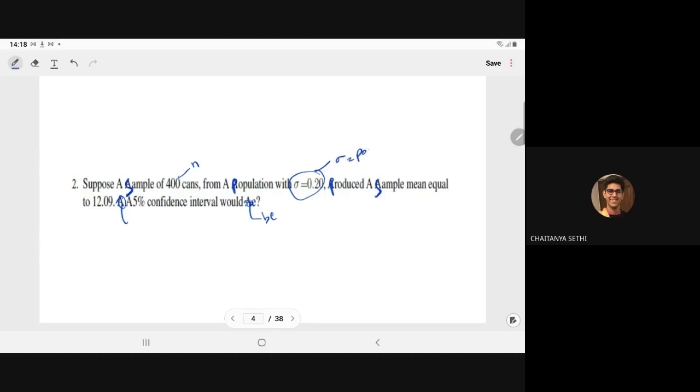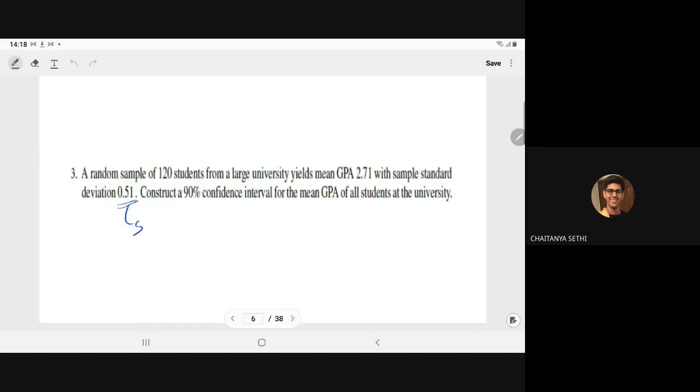Here in the previous question we had the population standard deviation, and in this question we have the sample standard deviation. And the important thing is that here n is equal to 120. Construct the 90% confidence interval for the mean GPA of all students at the university.